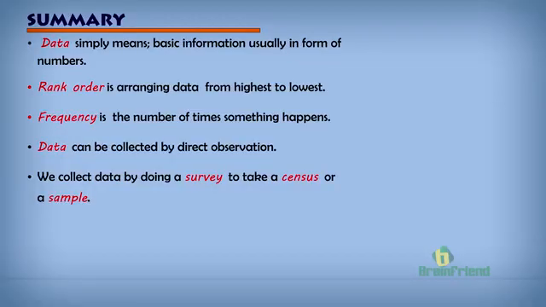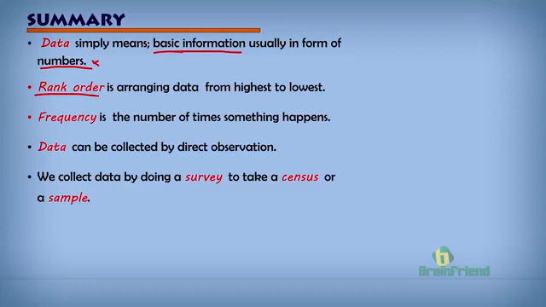Now, in summary, let's do a recap to see all that we've learned today. We learned what data is. We said data is simply basic information, usually in form of numbers. We also learned that when we arrange numbers from the highest to the lowest, we call that the rank order.